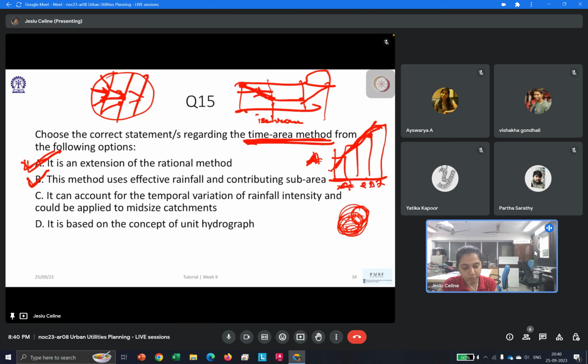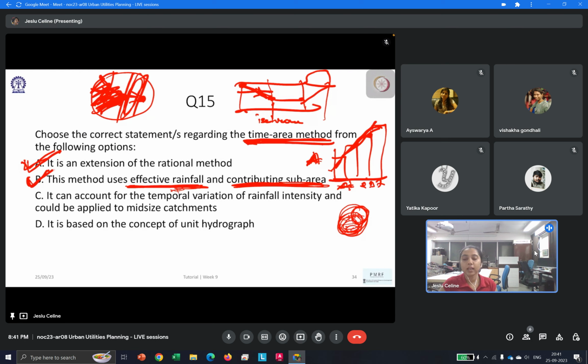So the effective rainfall and the contributing sub-area are taken. Whatever has fallen up to a point is the effective area, and the contributing sub-area adds to it. So this is correct: this method uses effective rainfall and contributing sub-area.